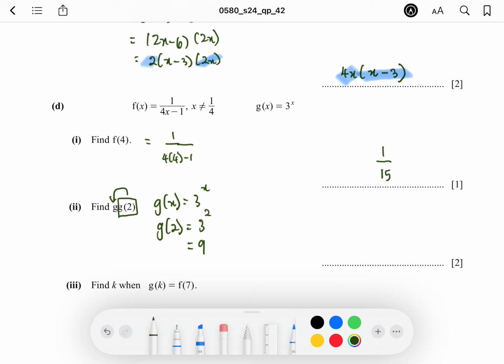So suddenly this becomes G of 9. You find the value of G of 2 first. Okay, so 9, and then G of 9. You tend to make mistakes here. And then you get your final answer.